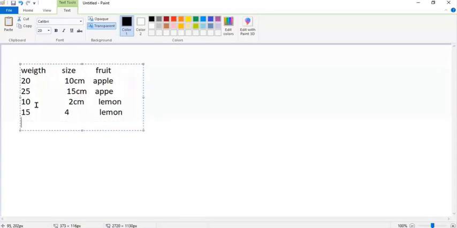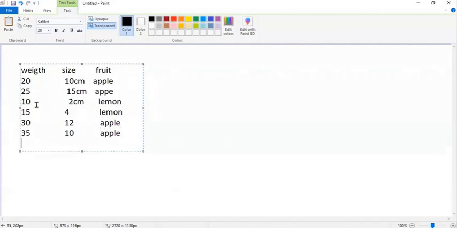I have 30 grams, 12 centimeters. I say it as apple. Next, 35 grams, 10 centimeters. I say it as apple. Okay.